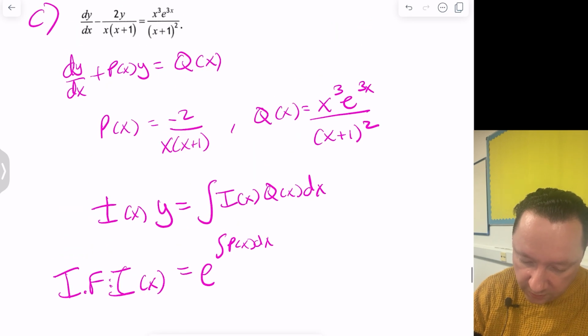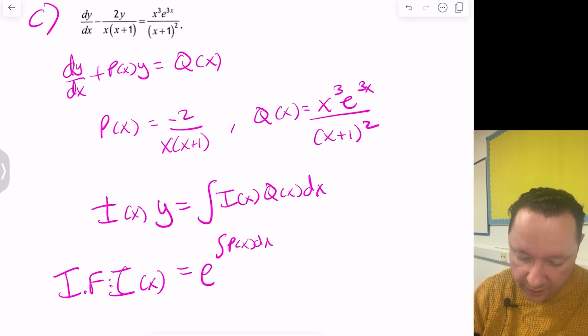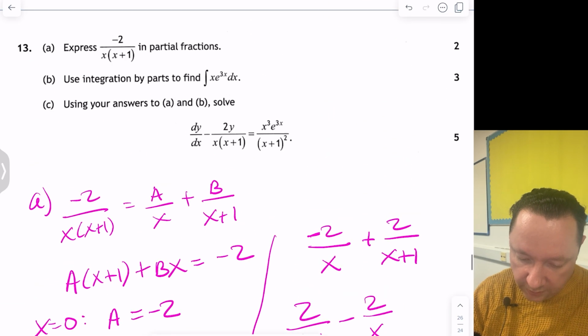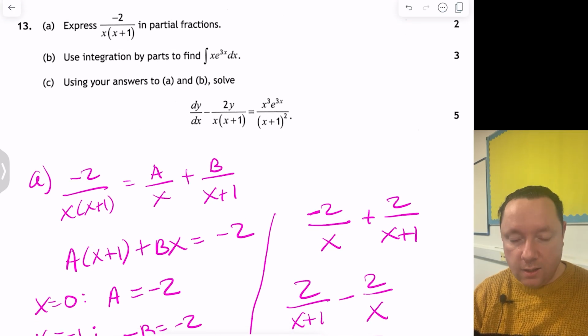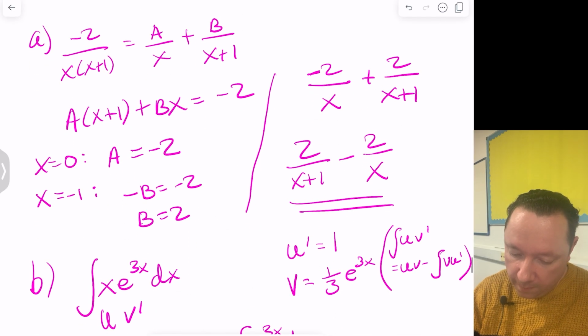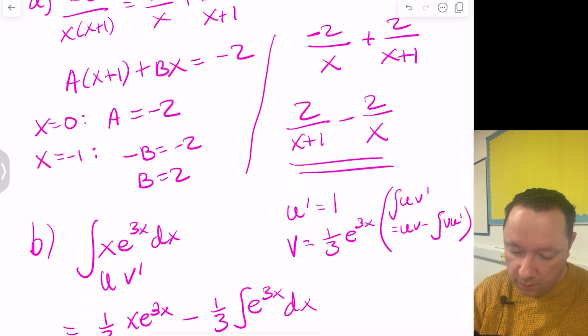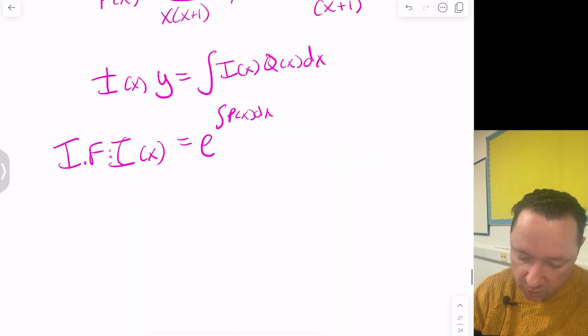P of x is this, and the integral of p of x, well, we did that up here. Well, we've not, but we've expressed it in partial fractions. This thing was expressed in partial fractions, so we can just write down 2 over x plus 1 minus 2 over x. So let's just do that here.